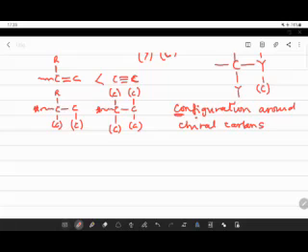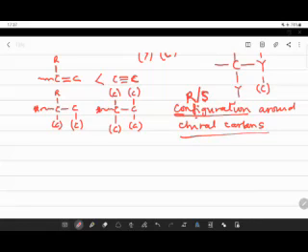And so by configuration, I mean the R or the S. So you come across R and S configuration or R and S notation. So bear these things in mind.